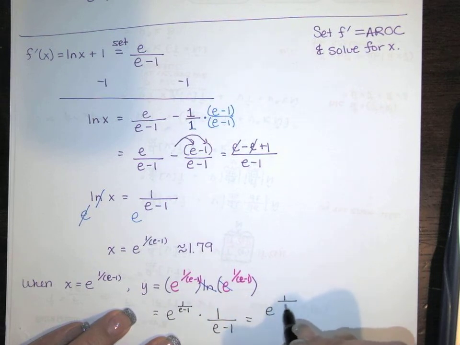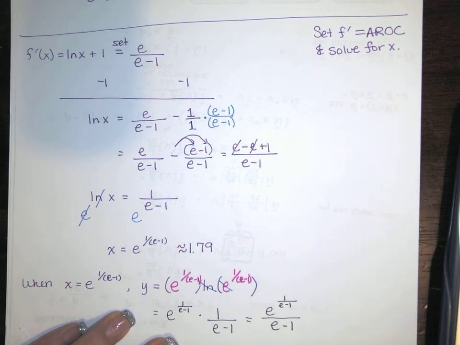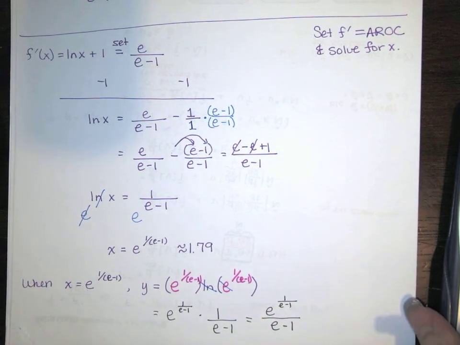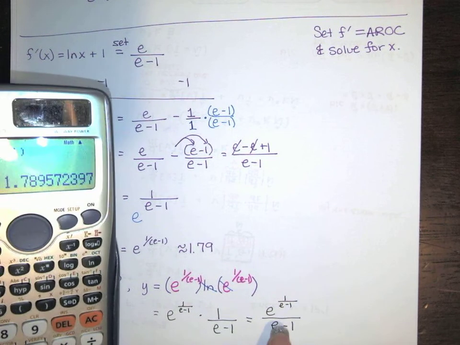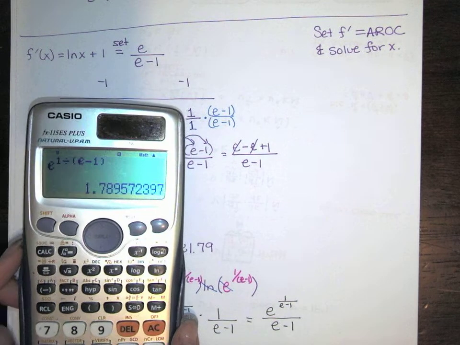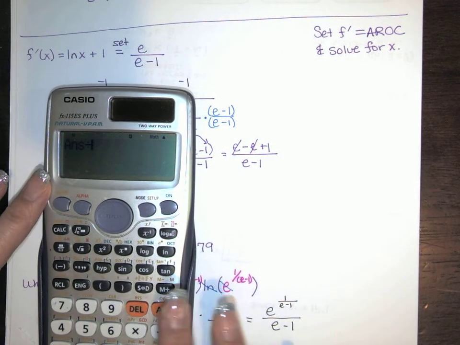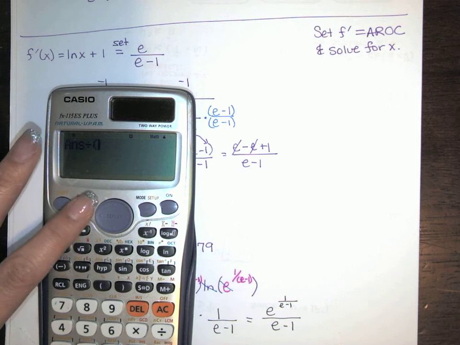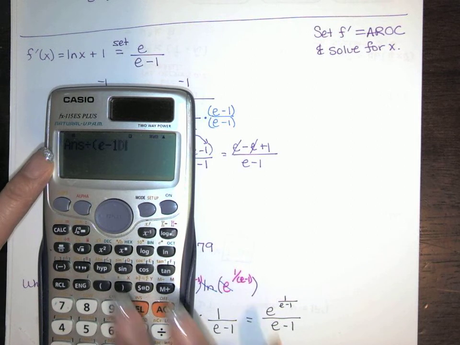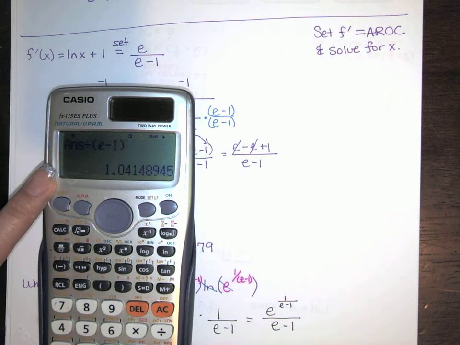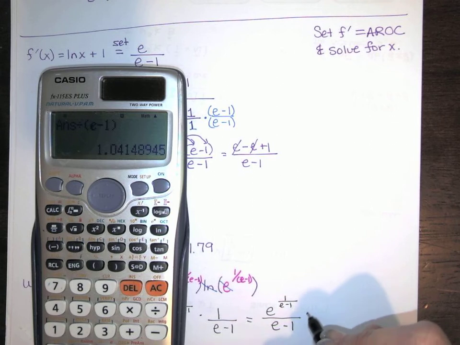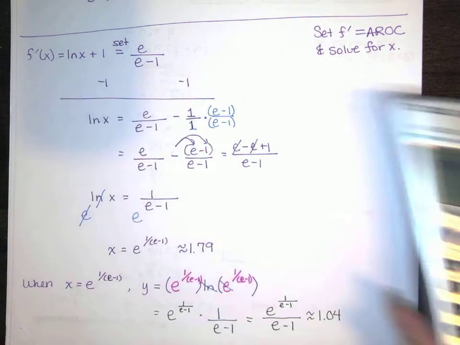This looks really horrible, but it's just a number. Don't be intimidated by it. That's our y value. So it looks like we've got x in the numerator, and then we're dividing by e minus 1 in the denominator. So the y value there is approximately 1.04.